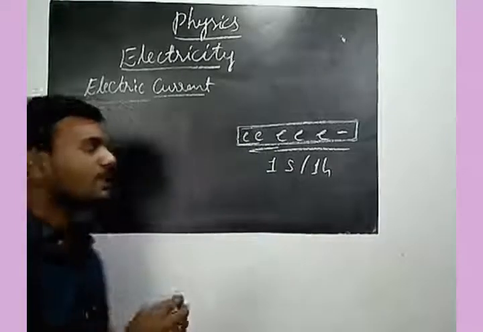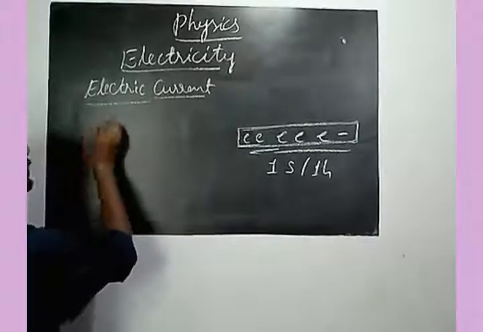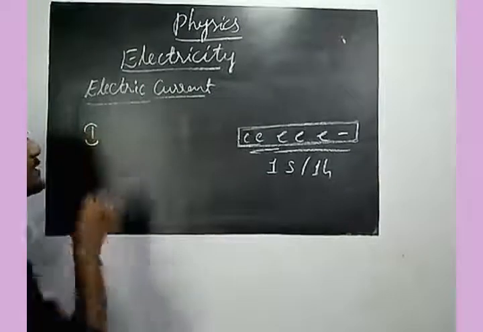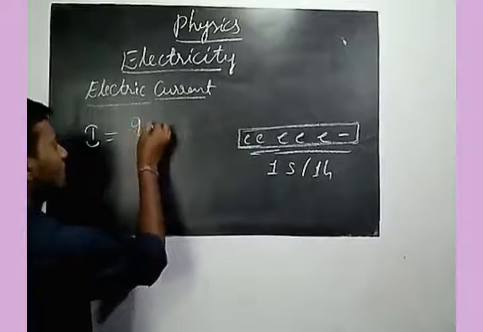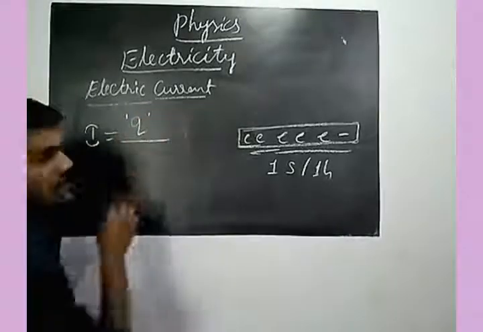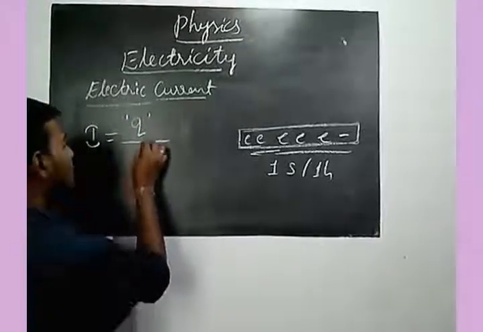Electric current is termed as I. I is equal to Q, the number of charges, divided by the time taken.